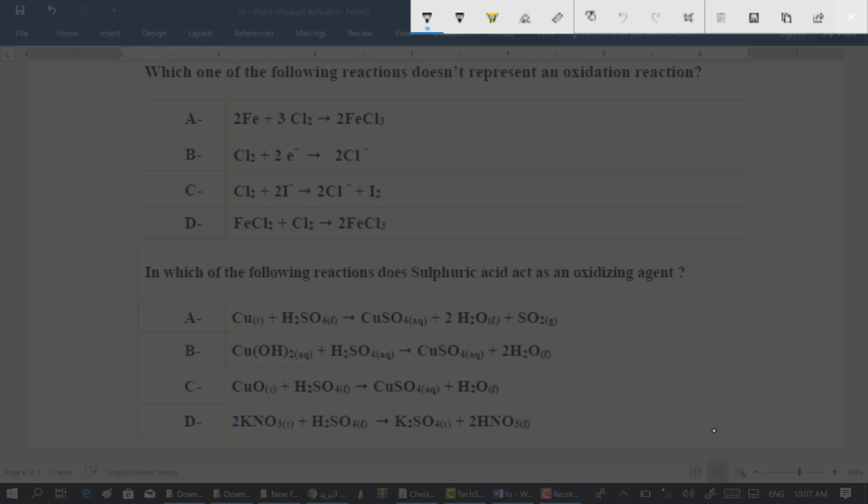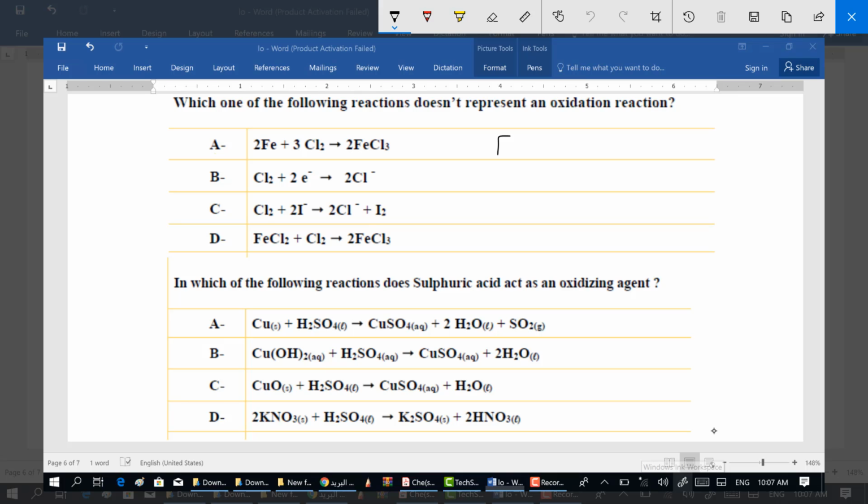For each equation, Fe0 will be Fe positive 3. According to iron trichloride, FeCl3, the valence of the iron will be positive 3. In this case, this substance is gaining electrons, which means a reduction process, not an oxidation process.